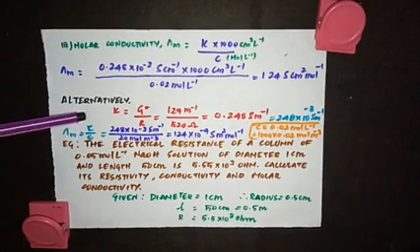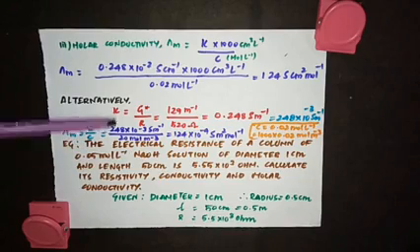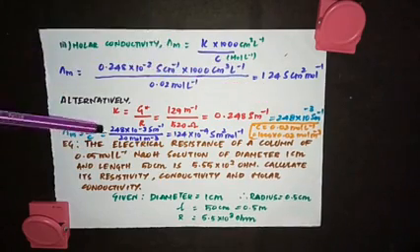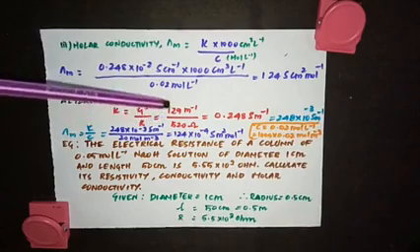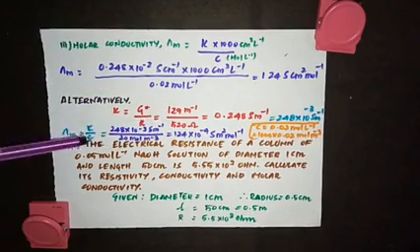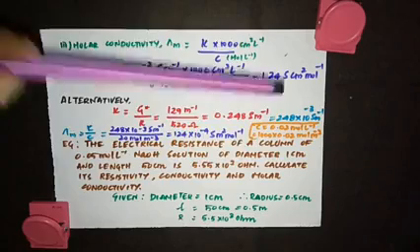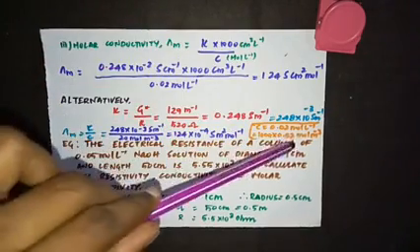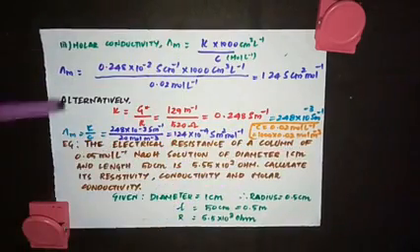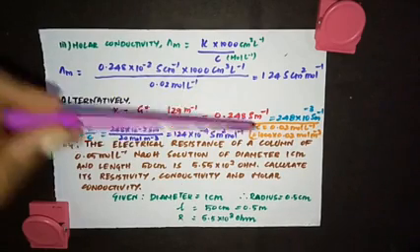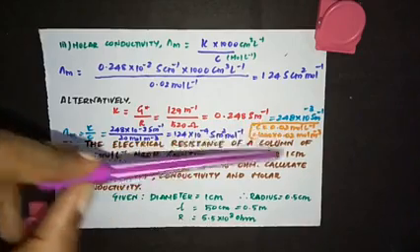Molar conductivity is equal to kappa by concentration. And what is the kappa value that I found? 248 into 10 to the power minus 3 Siemens meter inverse divided by the concentration. We know the concentration should be expressed in mole meter to the power minus 3, because we want the lambda m value in Siemens meter square mole inverse. So for that conversion, you are multiplying 0.02 mole liter inverse with 1000.